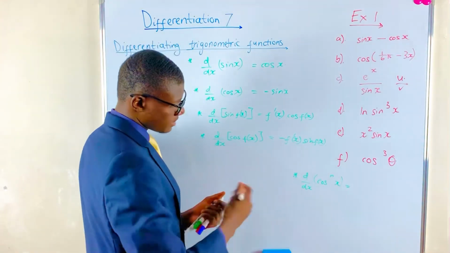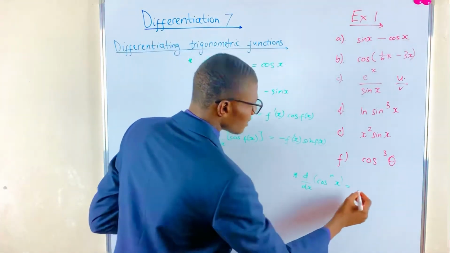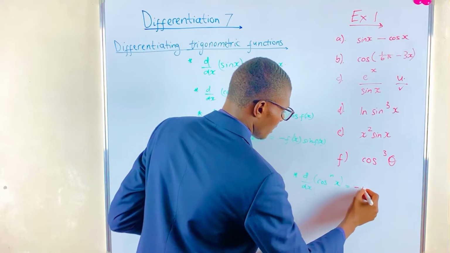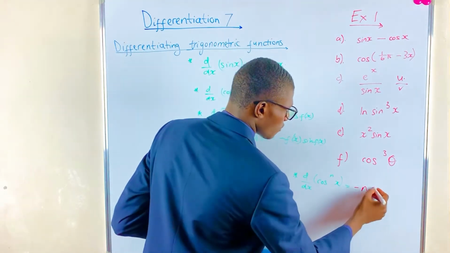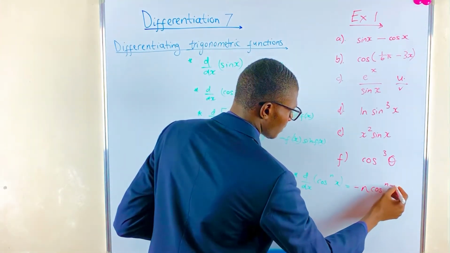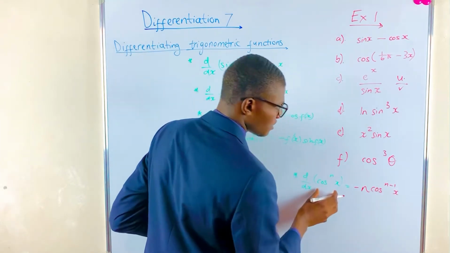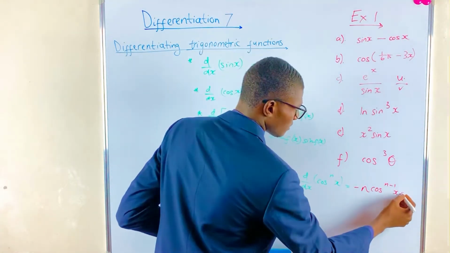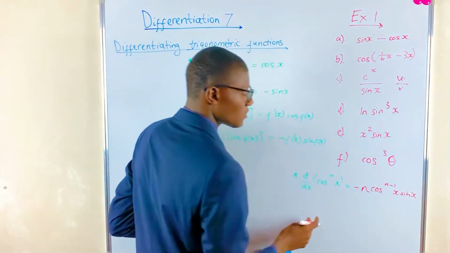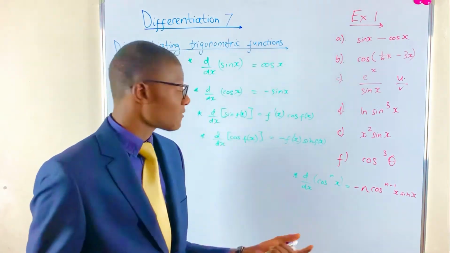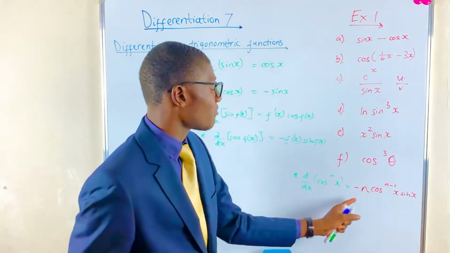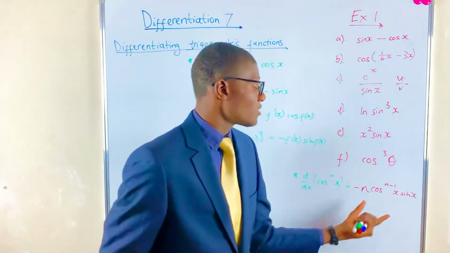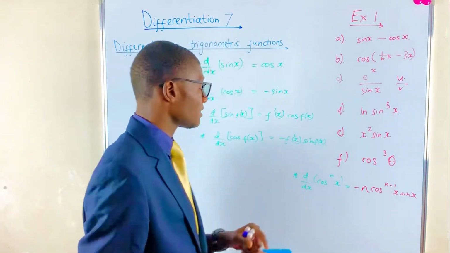This result will give us minus n cos to the power of n minus 1 of x times the derivative of cos x. The derivative of cos x is minus sine x. So we've applied the chain rule.